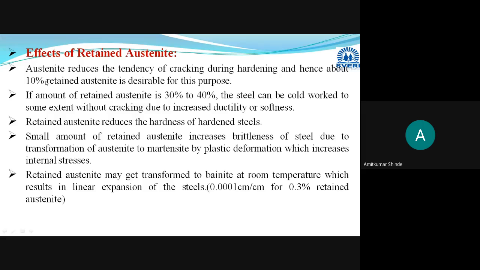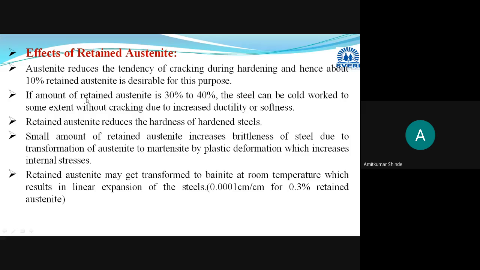That single point is separated here into 2 points depending on the percentage of retained austenite. Whenever retained austenite is up to 10%, it will reduce the tendency of cracking during the hardening process.